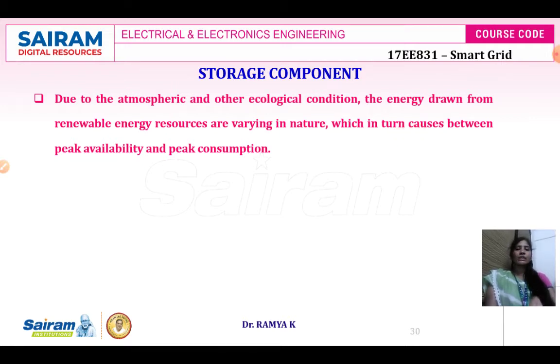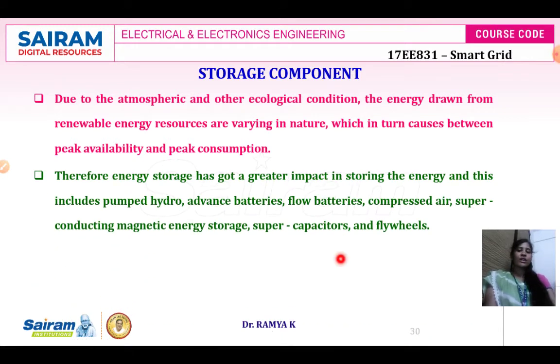So what could be the different available resources for storing the energy? It could be pumped hydro, advanced batteries, flow batteries, compressed air, superconducting magnetic energy storage, supercapacitors and flywheel. These are all the different energy storage devices that are available, which have a greater impact in storing the energy, and also have an associated market mechanism.